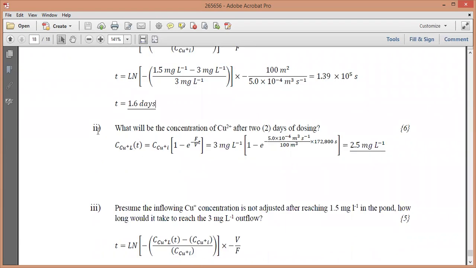The second part of the question asks, what will be the concentration of copper after 2 days of dosing?